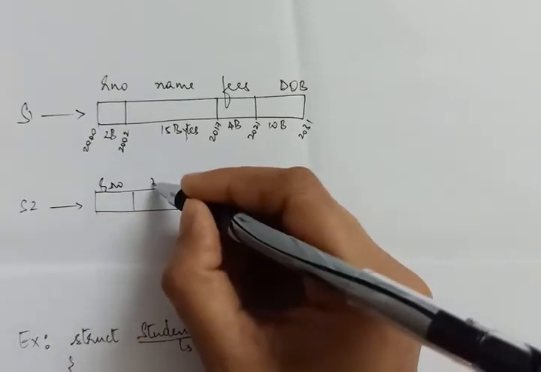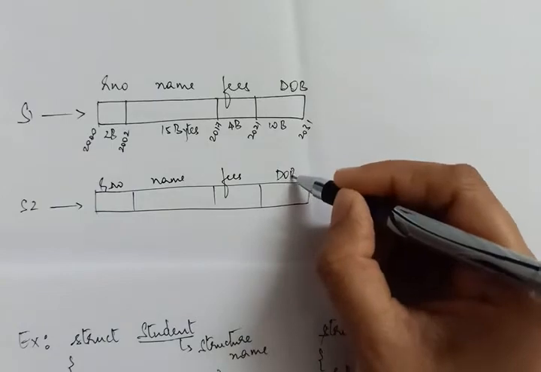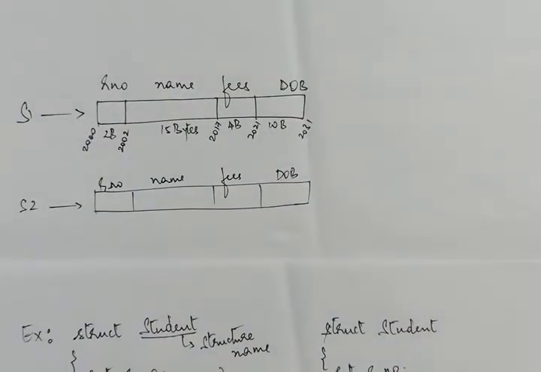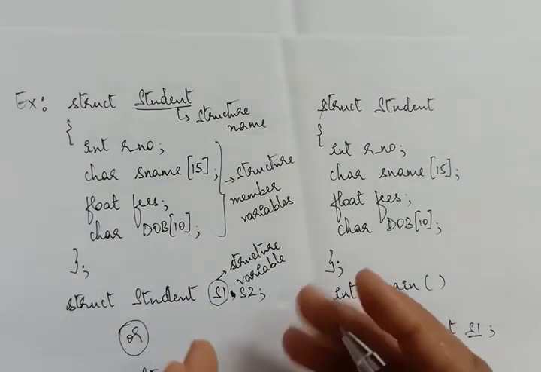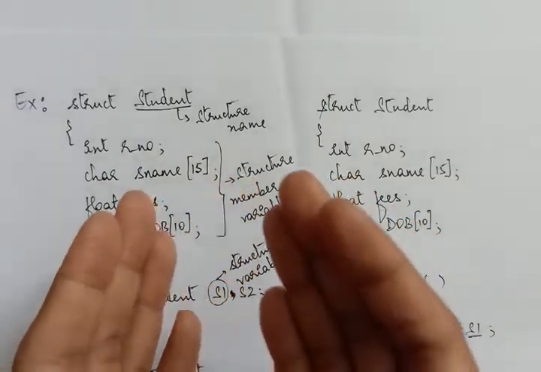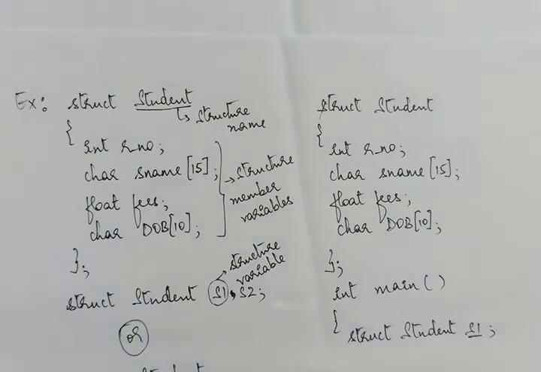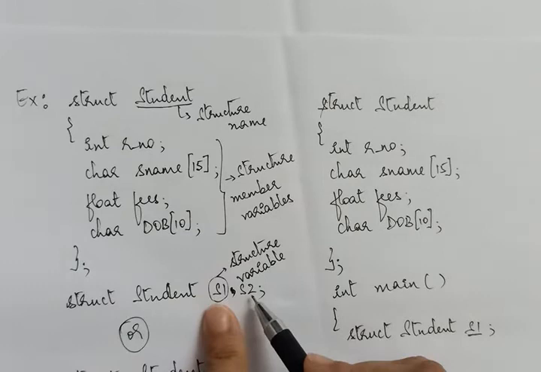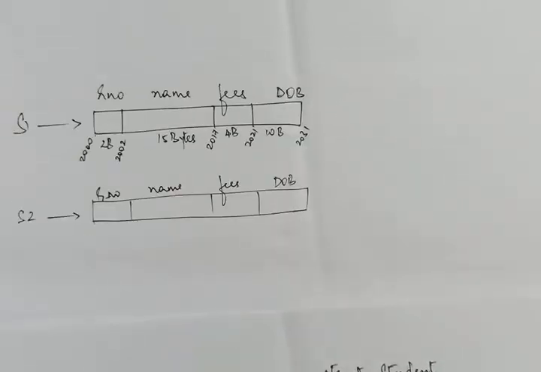One slight confusion can occur right now, so please keep in mind, here we are creating user-defined type variables. This is also a variable, right? If I have R number comma M, then those are two variables of integer type, and R number will have a location and M will have a location. Similarly, S1 and S2 are two different variables of structure student type, so obviously they will get different locations.